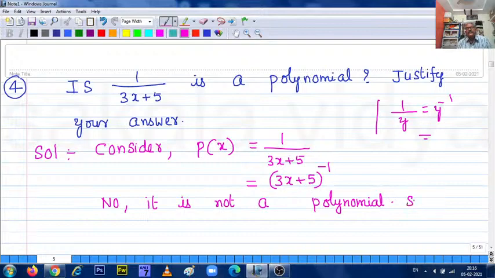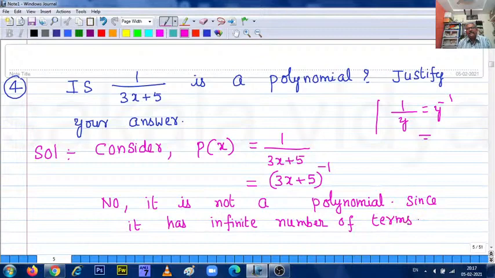Write it down like this: since it has an infinite number of terms. This is the reason, because this concept will be dealt with in higher classes. Welcome, Ramalingaya. It is not a polynomial since it has an infinite number of terms, because you are asked to justify your answer also. So that's why 1 upon 3x plus 5 is not a polynomial.